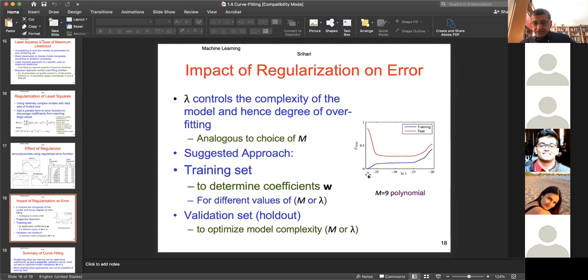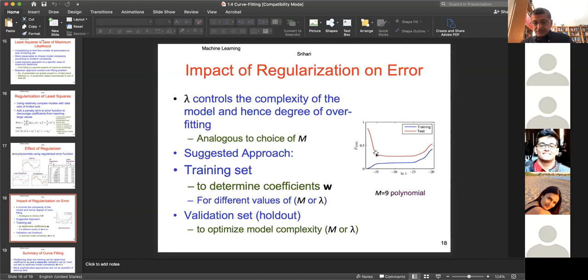On the training set, as you keep increasing lambda, the error keeps increasing here. Whereas with the test set, it goes down, and then it doesn't go back up again. You want to keep ERMS as small as possible.